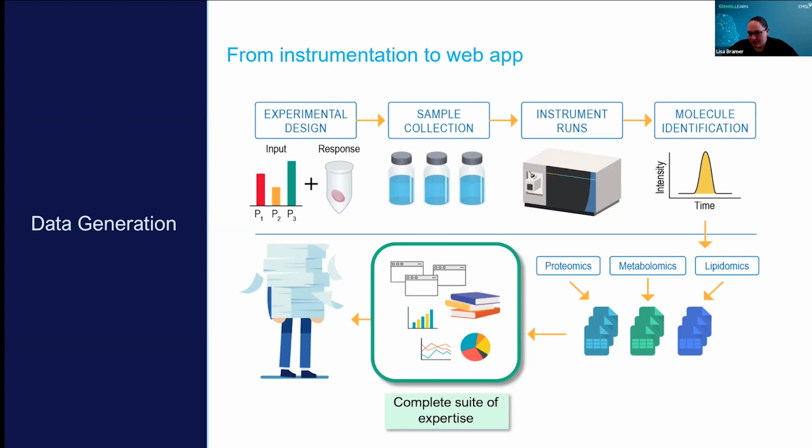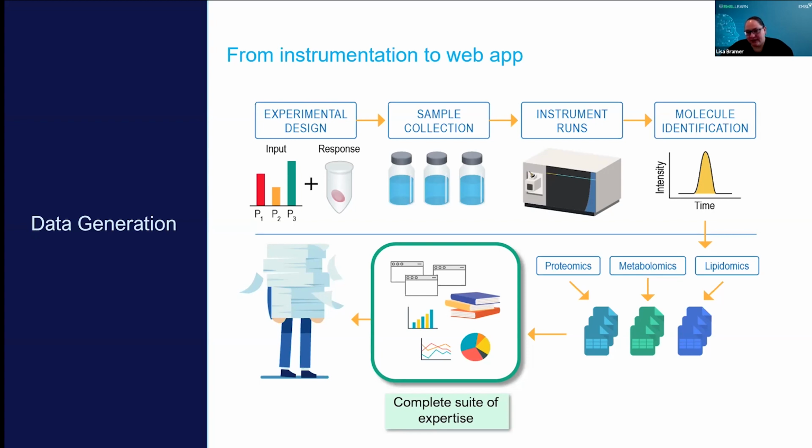And perhaps in some cases also the intensity of those molecules or relative abundances are also measured and quantitated. And where we pick up is after you have this table in the bottom right of different data types with an identified biomolecule and some sort of either presence, absence, or quantitated intensity for each of those molecules. That's where we're coming in.